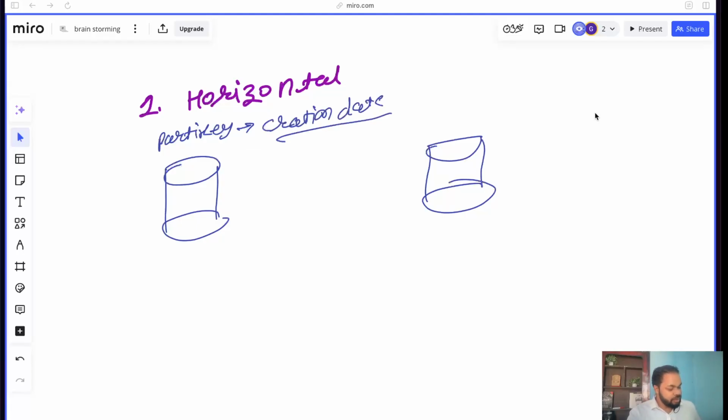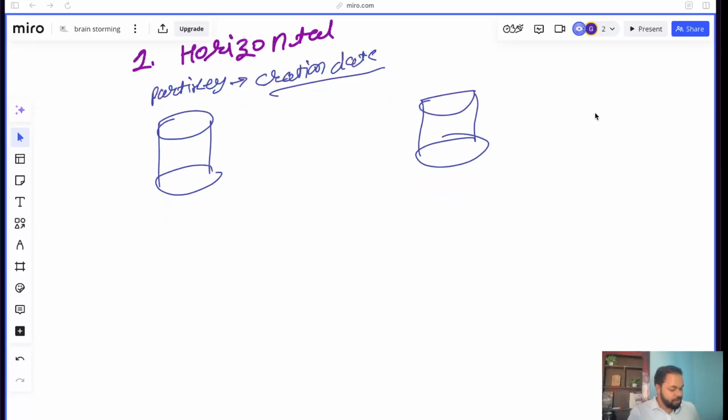If you look at the tables, let's take the users table as an example.